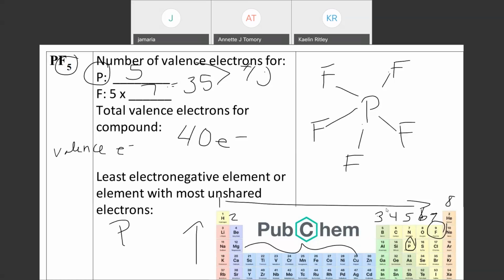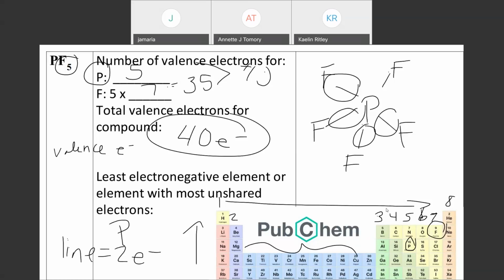It's 2. So a line is equal to 2 electrons. That means how many electrons do we have here total so far? 10. So out of these 40 that we started with, we're left over with 30.